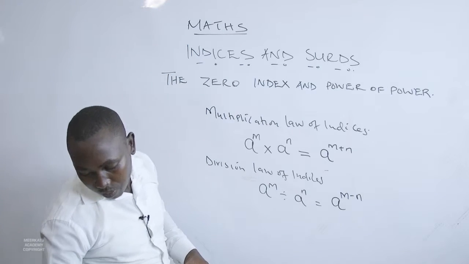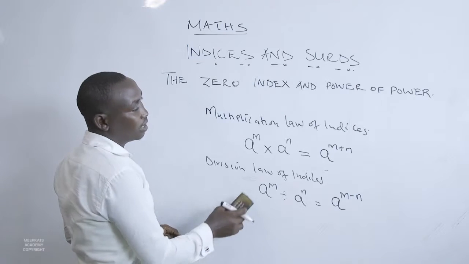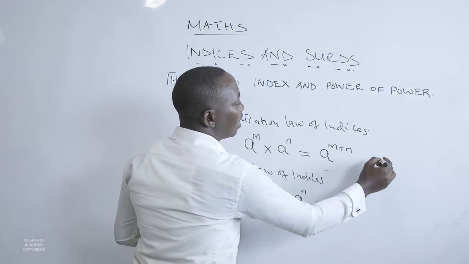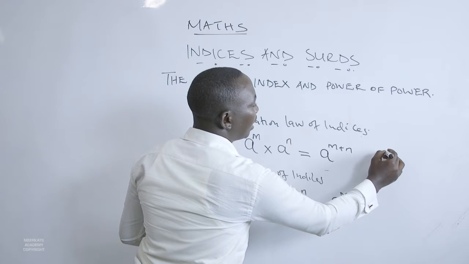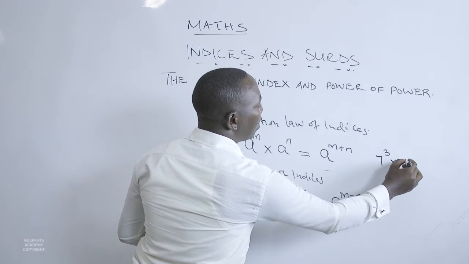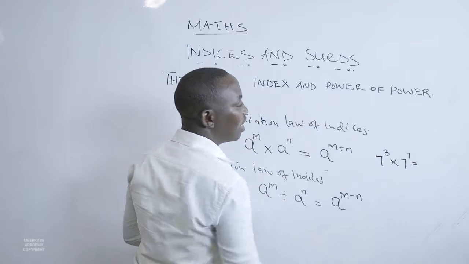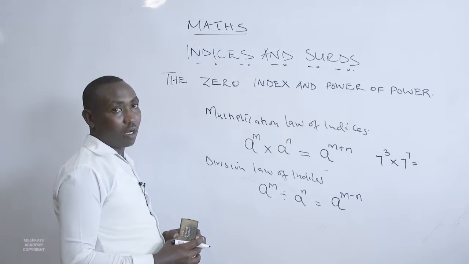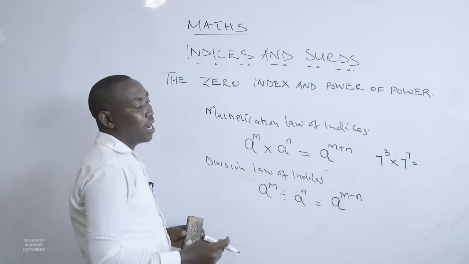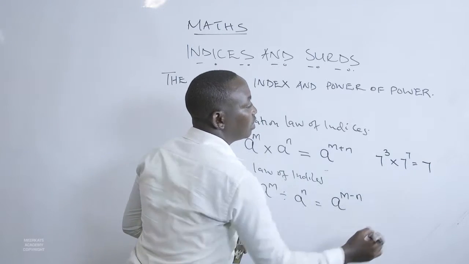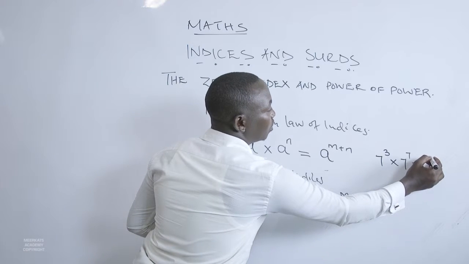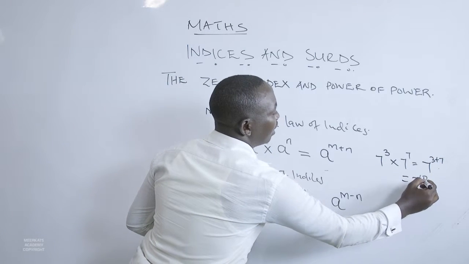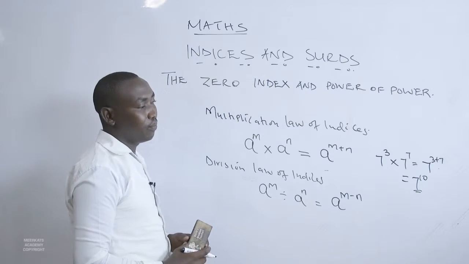So just to perform one example that requires you to apply both, if you have 7 raised to 3 multiplied by 7 raised to 7, then we are going to apply the multiplication law where we add the powers, and this shall give us 7 raised to 3 plus 7, which will give us 7 raised to the power of 10.